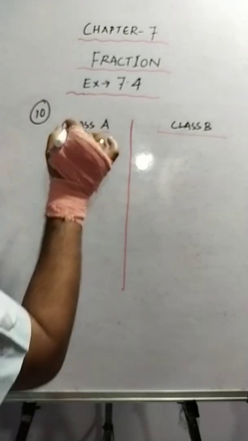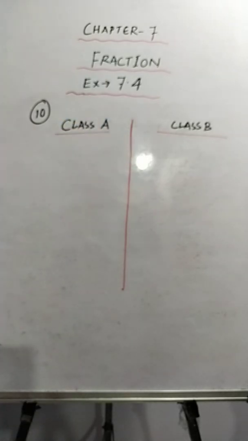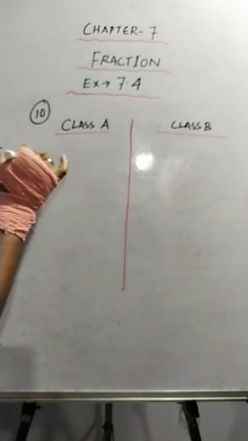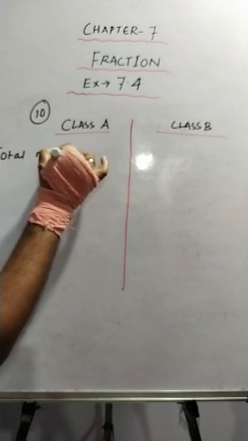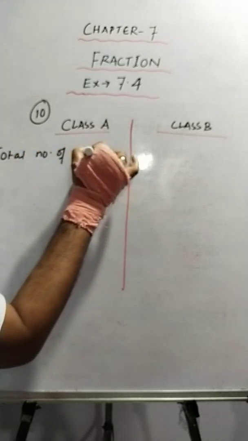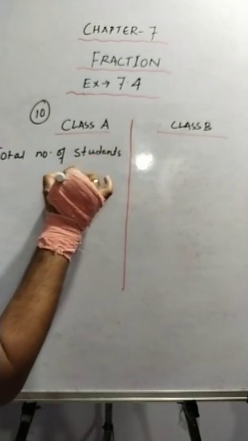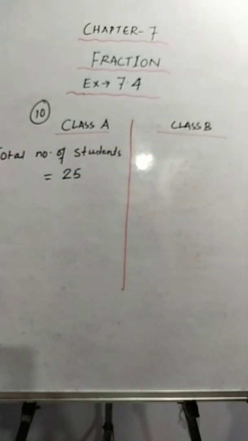Now, how many students are there in class A? What is written? 25 students. So we'll write total number of students equals to 25. Okay, in class A there are total number of 25 students.